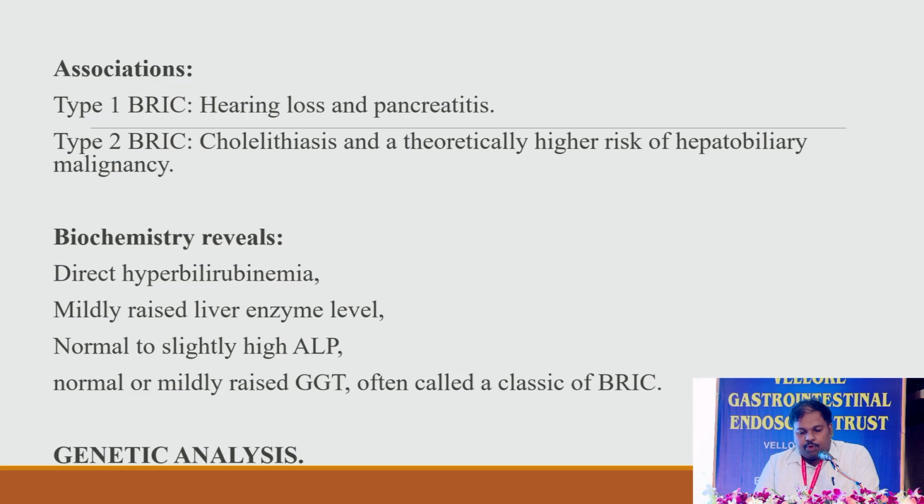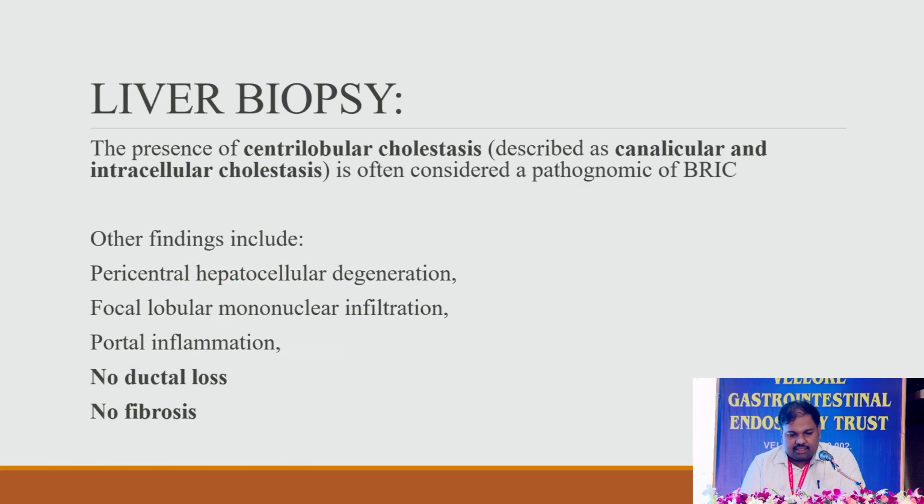And also in type 2 BRIC there is a high risk of hepatobiliary malignancies. The gold standard for diagnosis of BRIC is liver biopsy, which shows central lobular cholestasis with no duct loss and no fibrosis.